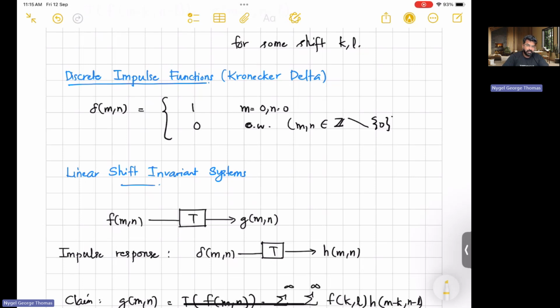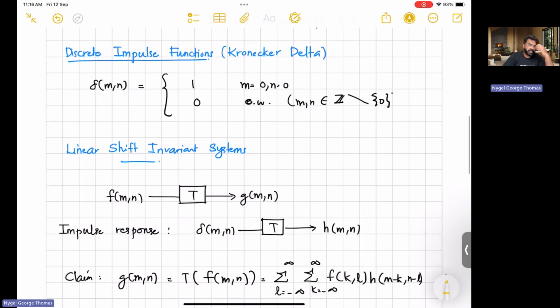This is the 2D case, and it is 0 otherwise, for all integer values. Note that we take only integer values here because we are taking the discrete case. So for all integers apart from 0 its value is 0, and at m equal to 0 and n equal to 0 it has the value 1. This is how the Kronecker delta is defined.